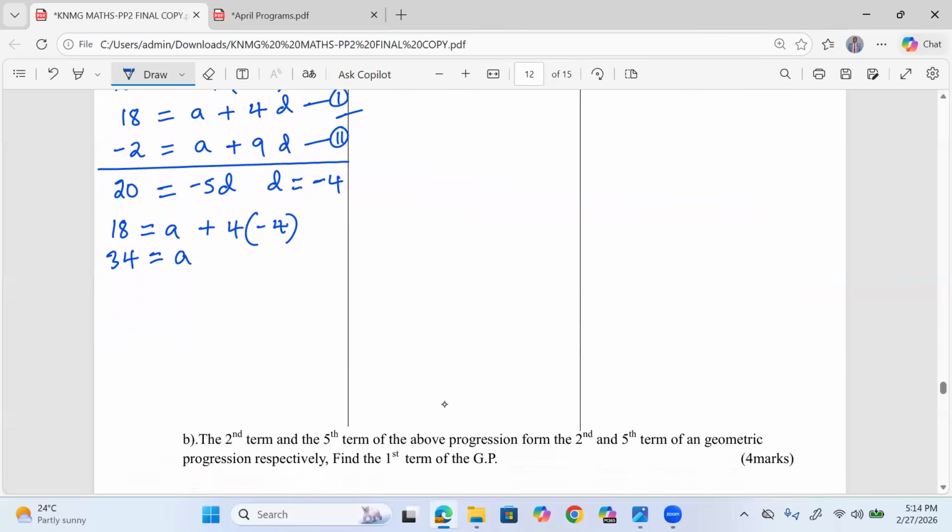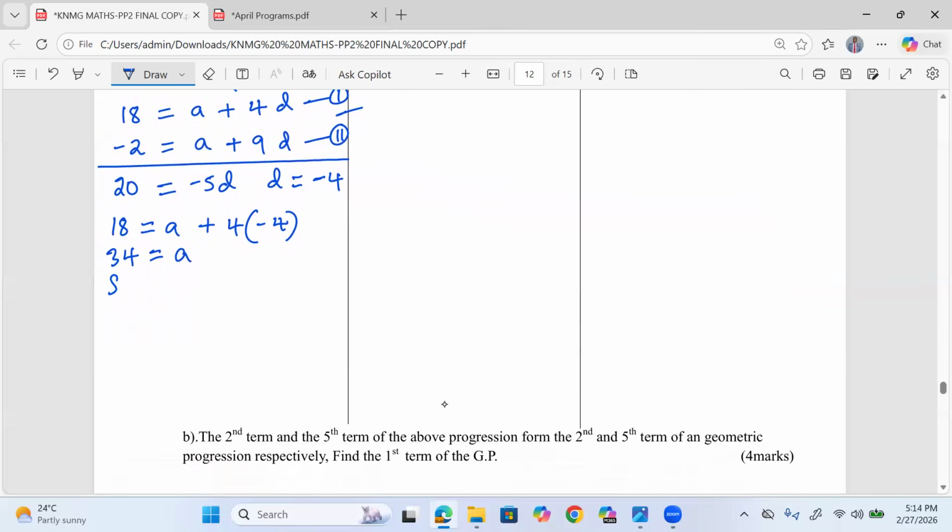of 0? Remember, the sum of n terms is given by n over 2 into 2a plus n minus 1 multiplied by d.